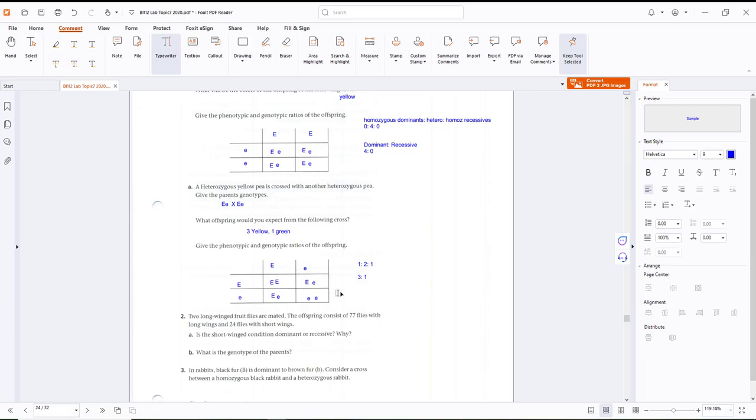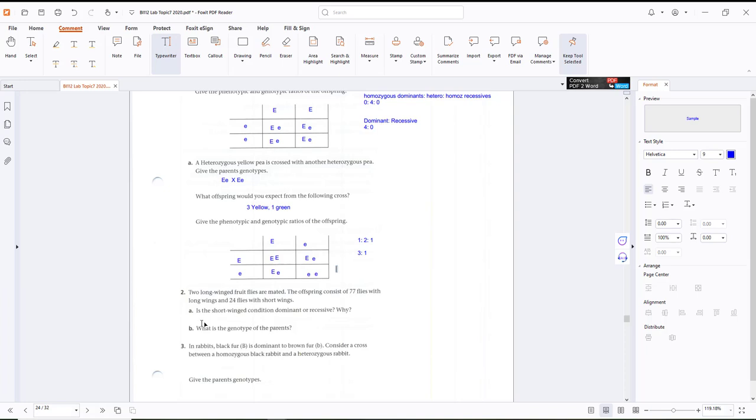All right. Next, we have 2 long-winged fruit flies that are mated. The offspring consists of 77 flies with long wings and 24 flies with short wings. Is the short wing condition dominant or recessive? Why?